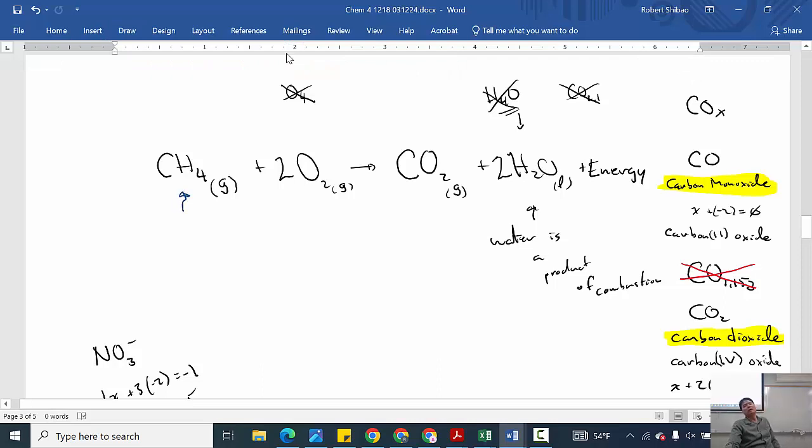But the problem is this. I think rather than getting rid of this entirely, one thing we could do is we could sequester or capture the CO2.